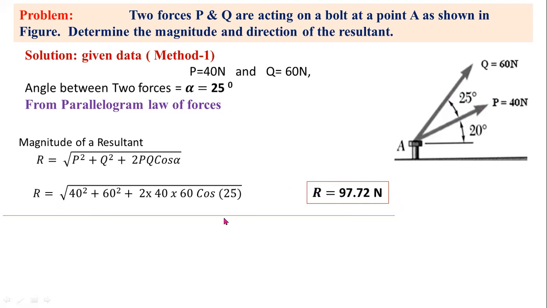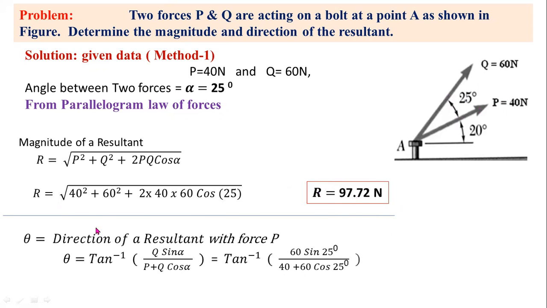Now for determining the direction of the resultant, theta is the direction of the resultant with the force P. Theta equal to tan inverse of Q sin alpha divided by P plus Q cos alpha. This is the equation for determining the direction of the resultant. Now substitute values Q equal to 60 newtons, P equal to 40 newtons, alpha equal to 25 degrees.